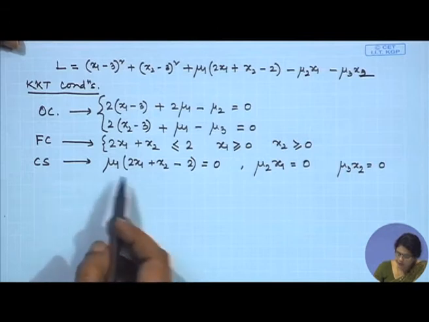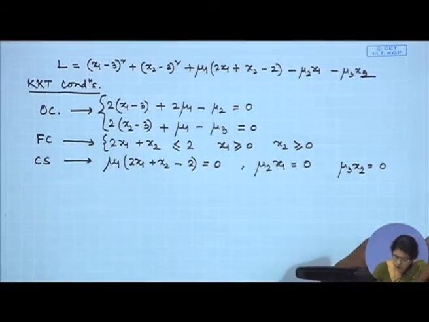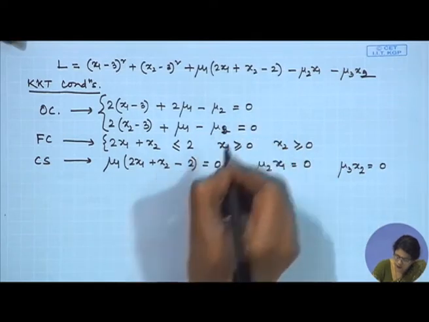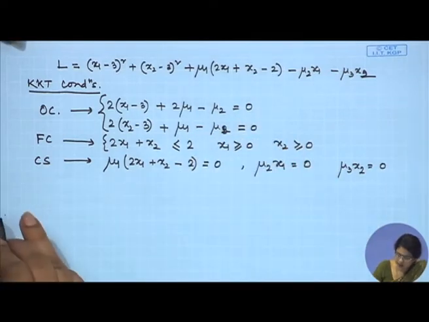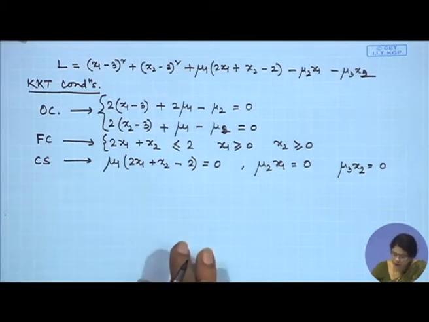Now, if we have so many conditions together, we have unknowns like x1, x2, mu 1, mu 2, and mu 3 as well.